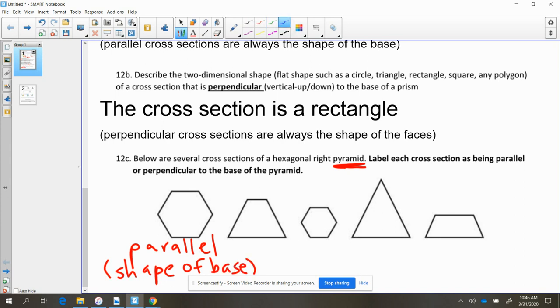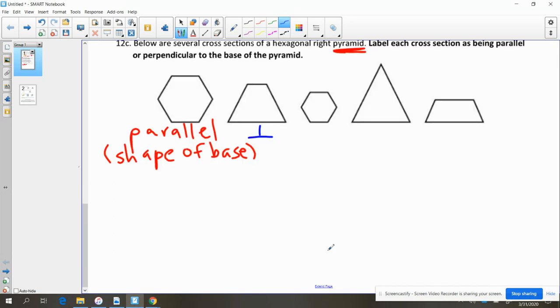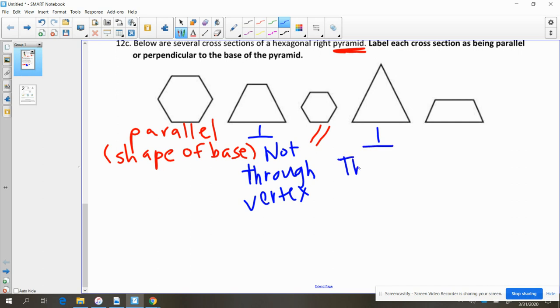Versus the second one happened when it was perpendicular, but not through the vertex, the peak of our pyramid. Now again, this one here is when it was parallel to our base. This next one was when it was perpendicular, but this time it was through the vertex that we were able to get that triangle shape.